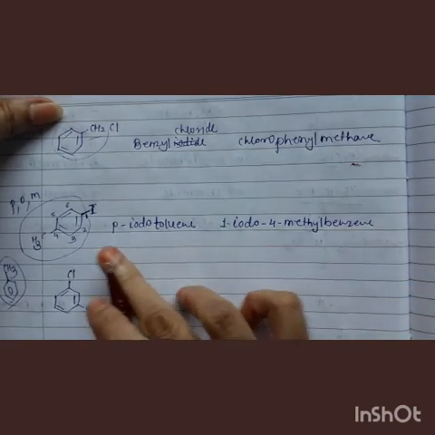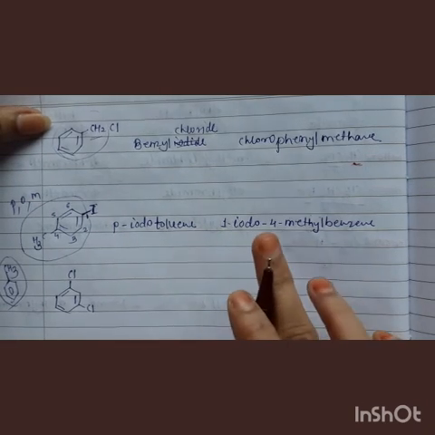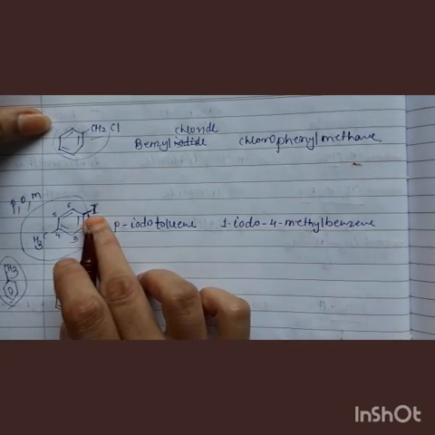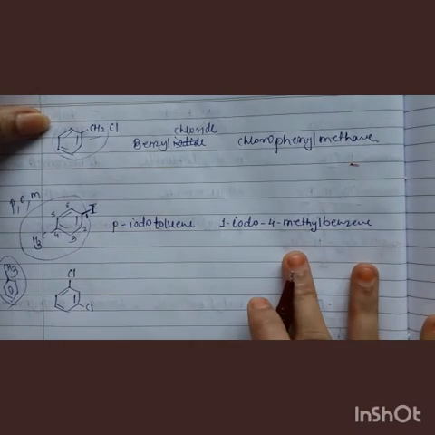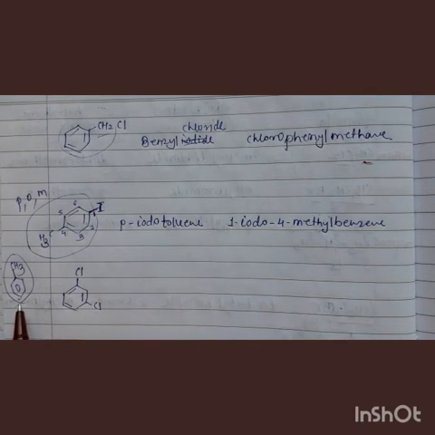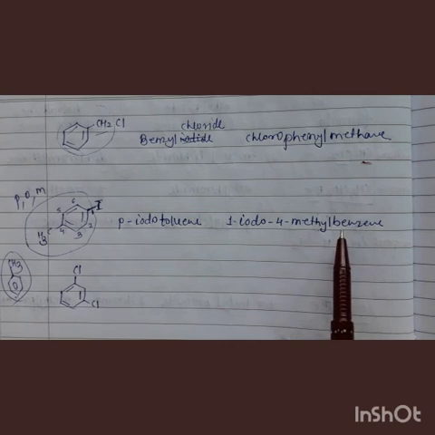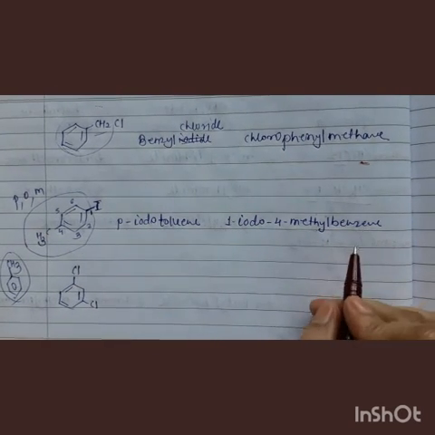So the common name of this compound is para iodotoluene, and the IUPAC name is 1 iodo 4 methyl benzene. But this toluene name is accepted by the IUPAC system also. So instead of methyl benzene we can write toluene also.